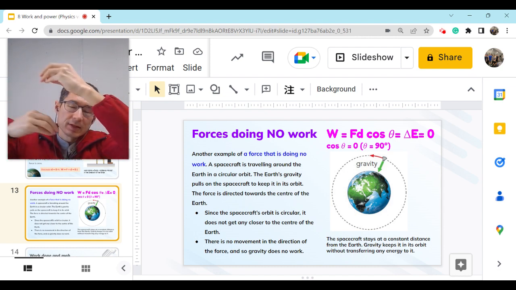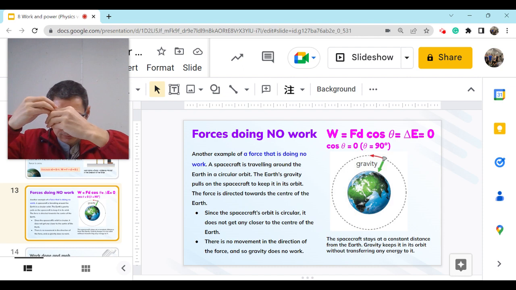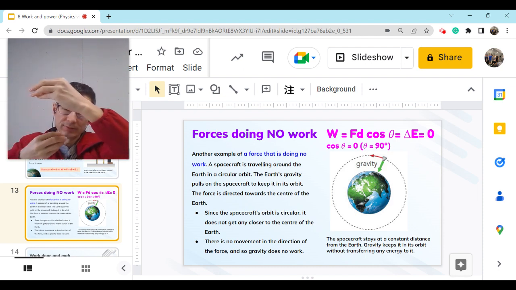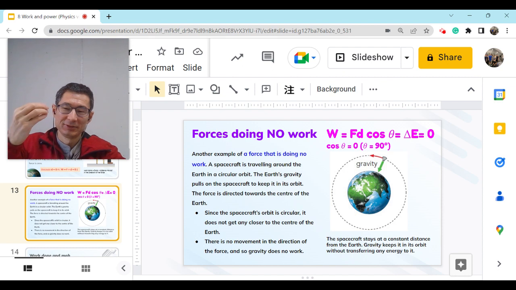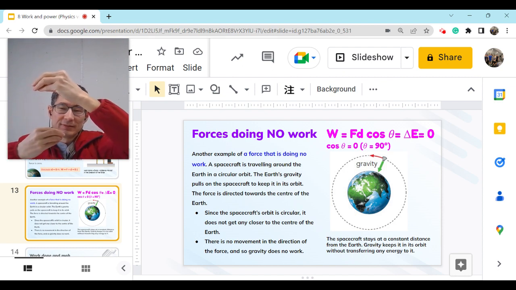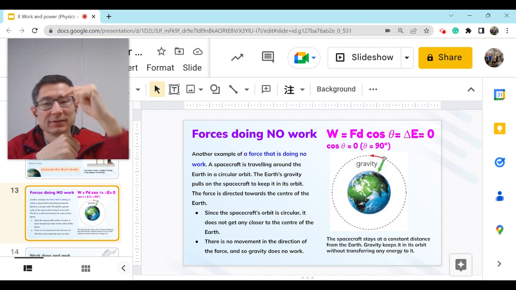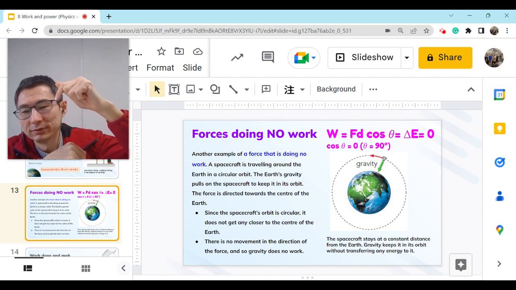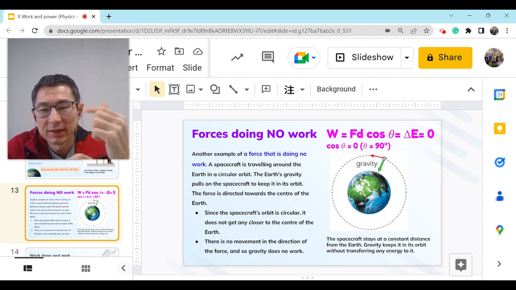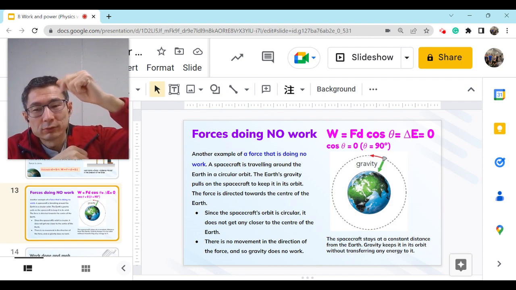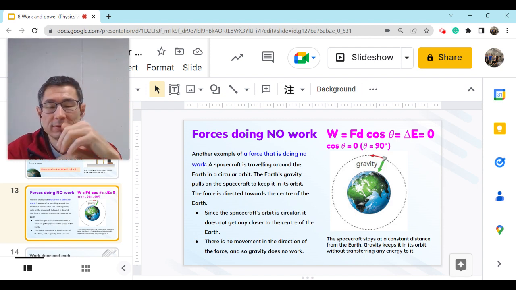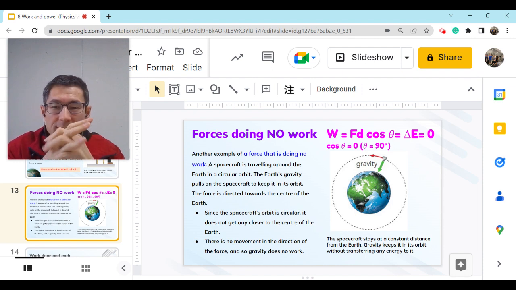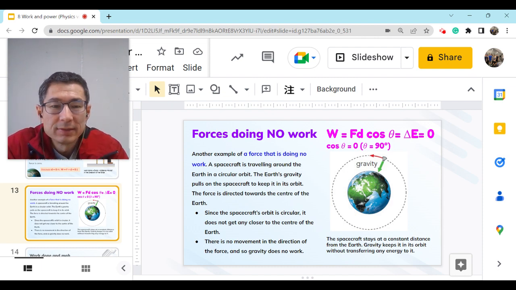But my satellite or spacecraft is orbiting around the Earth, so there is a movement, but that movement is not in the same direction as the force trying to do work, which is gravity. Gravity was trying to pull it back to the Earth, but it cannot. So the work done by gravitational force is zero. I can just read through it, or you can read through it.